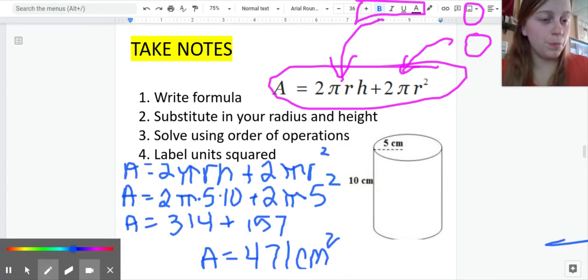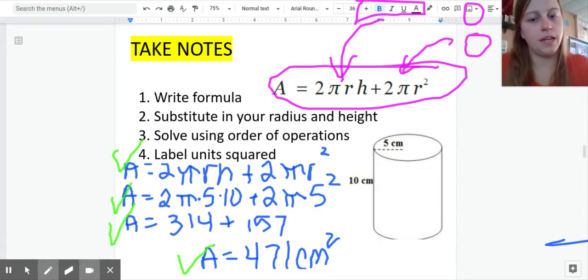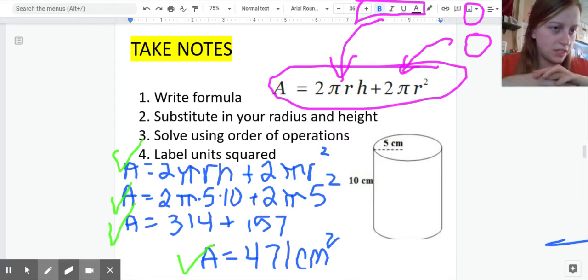So when I put the two pieces of the formula together to get 314 plus 157, we can see down here, I wrote my formula, I substituted, I solved, and I labeled. I didn't show all the work in this one, mainly because we just did that in the last two slides. We found that 314 and that 157. But in my next examples, I'm going to show step by step through this formula.